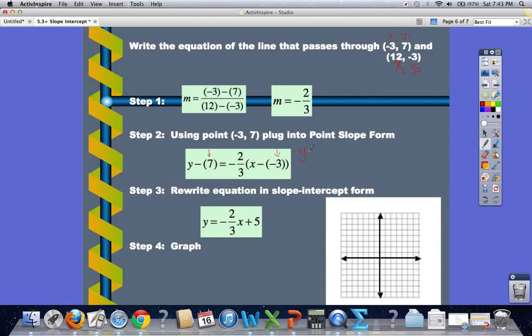y minus 7 equals negative 2/3 times x, which is negative 2/3 x. And negative 2/3 times a positive 3, because this will make a positive right here, that's going to make a negative 2.